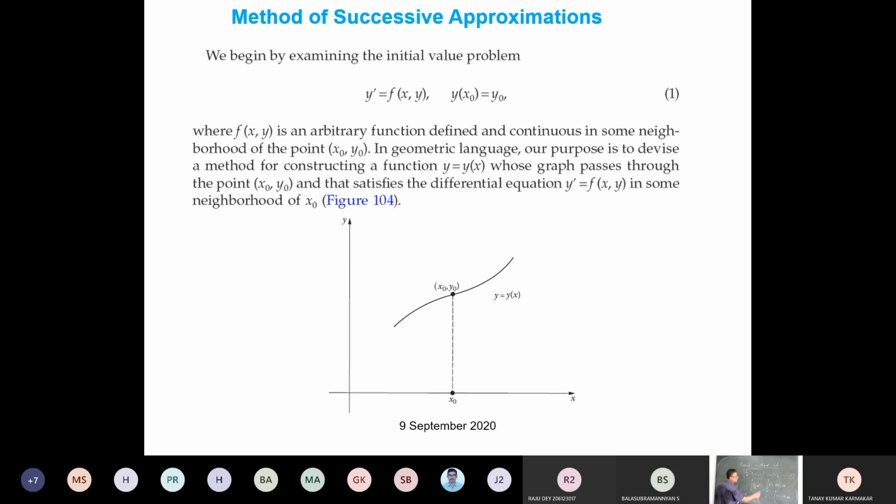And you know that y(x naught) is nothing but this initial condition. Okay, fine. So from here I will have got y(x) equal to y naught plus the integral from x naught to x of f(t, y(t)) dt. Okay, so if I call this integral equation 2, that means 1 and 2 are equivalent. Is it okay with everybody? Yes, sir. Okay.